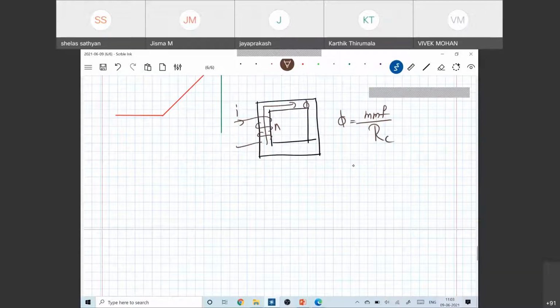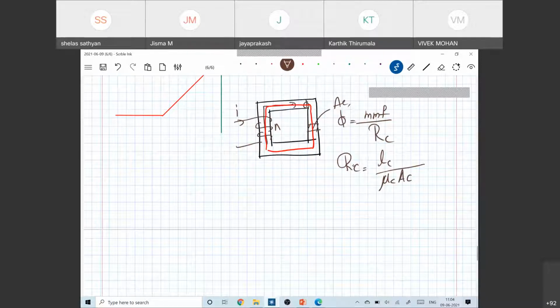That is a very basic relationship. The reluctance of the core is given by the mean magnetic path length, that is the smallest length path taken by the flux, divided by the permeability of the core and the cross-sectional area of the core.